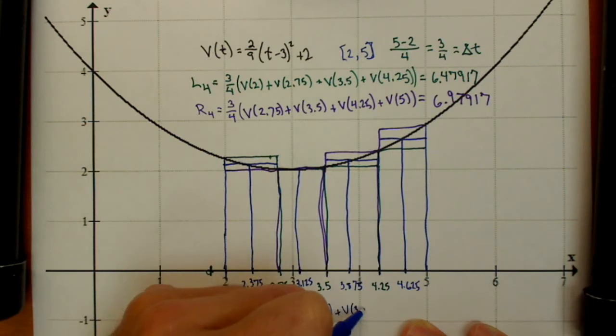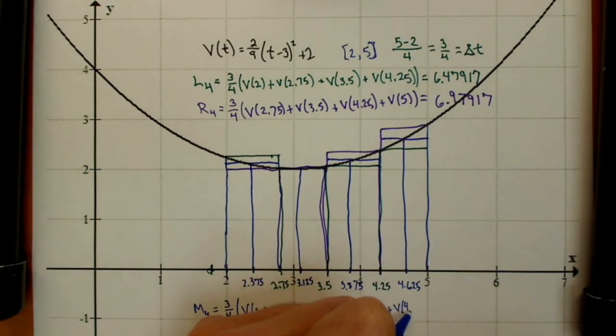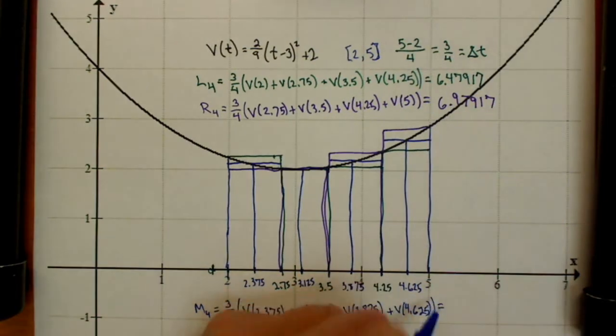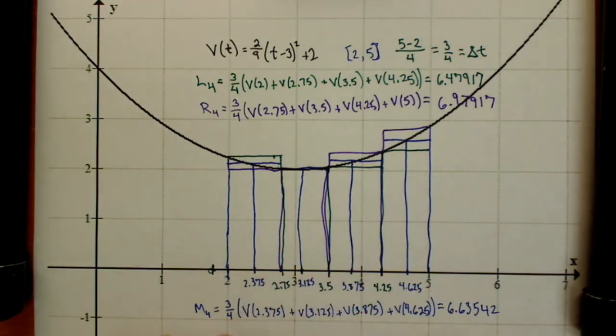So it's good that we found them in the last step, and we're going to sum those up to get 6.63542. Now, this is more accurate than the left hand and the right hand.